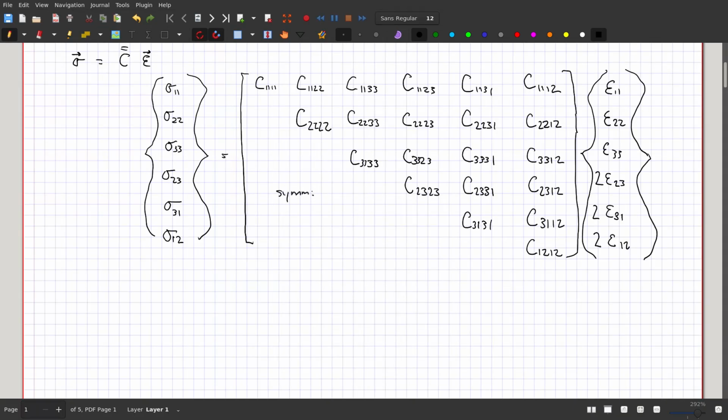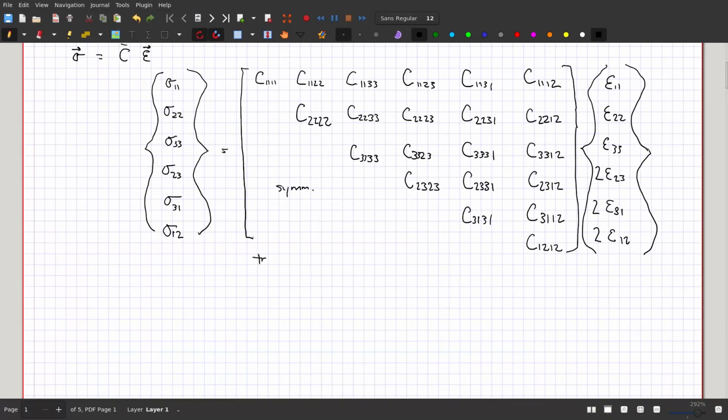I'll try to write symmetric there, but if I don't, that's what it means. Okay. So this kind of material is called a triclinic material. Now, good thing is there's not many materials that are like that because we still have to go to the lab and do 21 experiments to populate that thing.